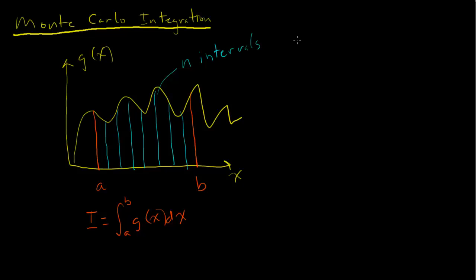And then if I do that, I can estimate I, say I hat, as simply equal to b minus a times the average of g(xi), where my xi is one of my interval boundaries.